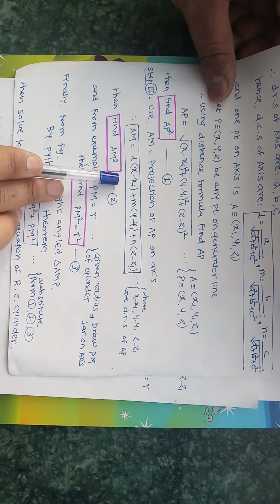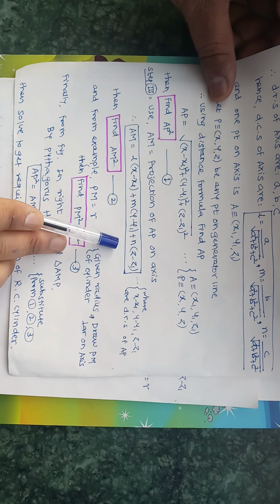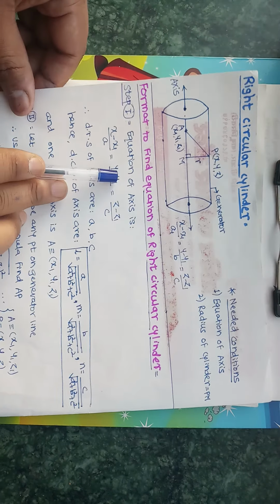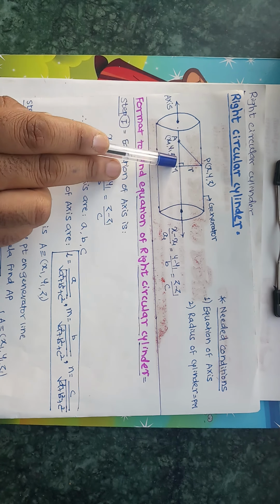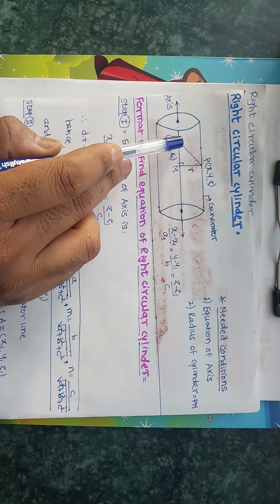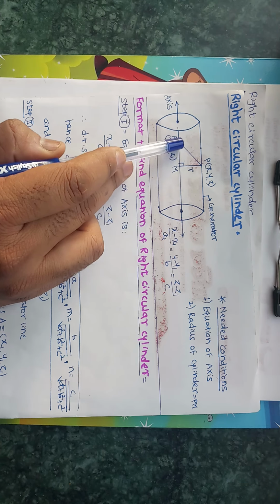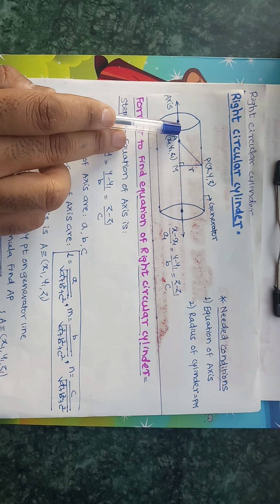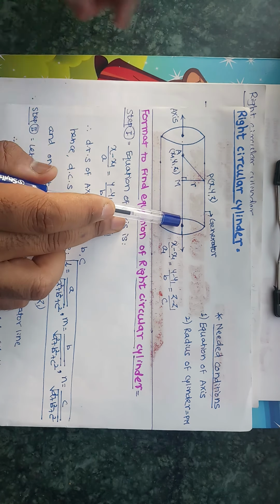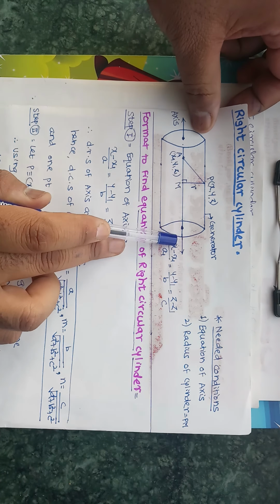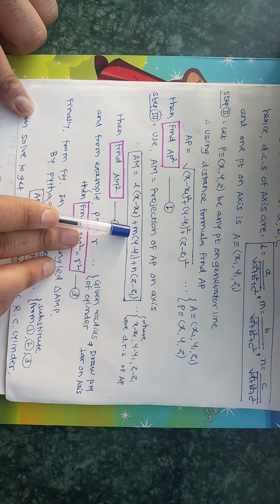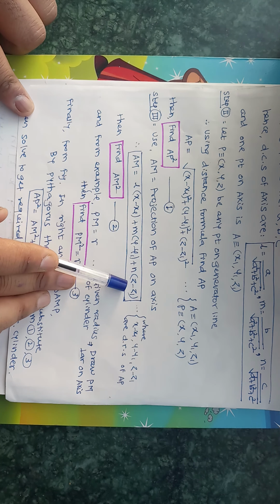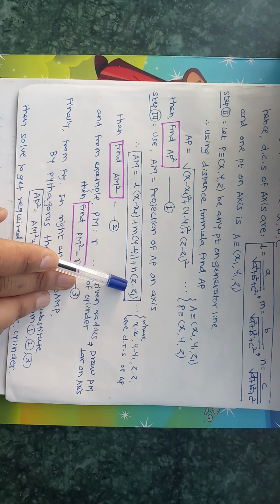And L, M, N are the DCs of axis, not DRs. So to find AM, multiply DRs of AP by DCs of axis. First DC into first DR plus second into second plus third into third. This is the formula to find AM, the projection of AP on axis.